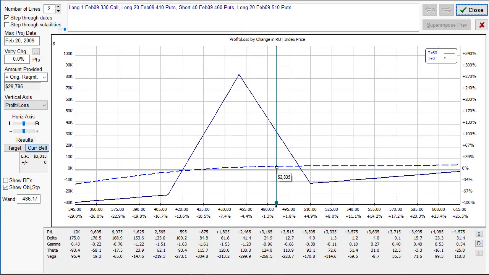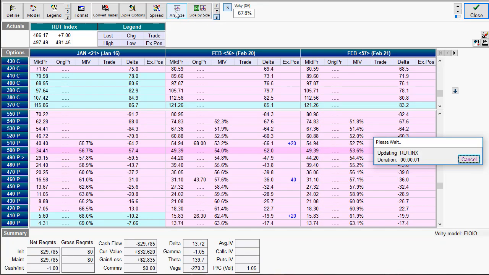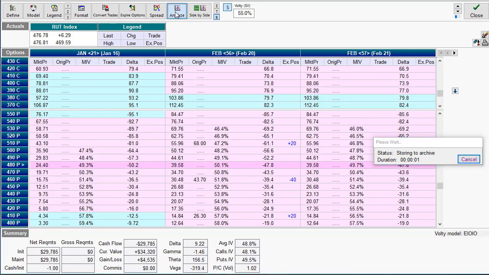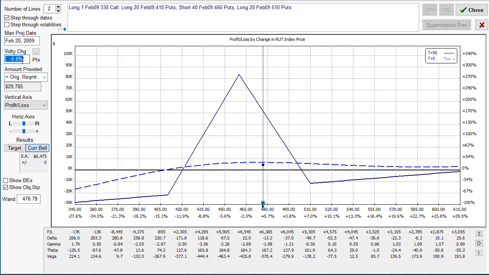And yet here you sit, you're 10% of margin in profit with a very nice flat T+0 line. And when this volatility deflates, I'm going to show you something here in just a quick second. All right, when the volatility deflates, see how that T+0 line shifts up?